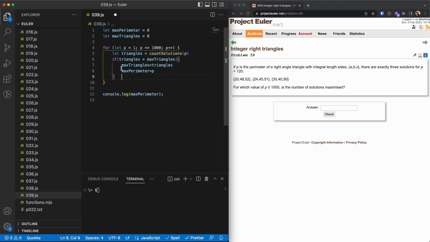So this is our main for loop. We're going from 1 to 1000 and calculate it, but we need to do the calculation.